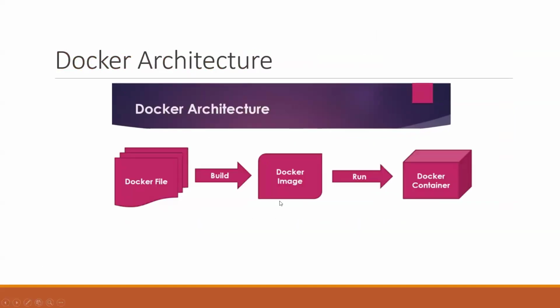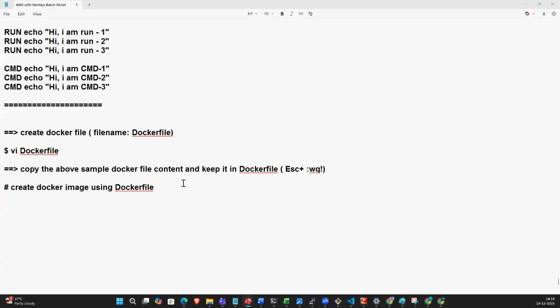From the Docker file we need to build the Docker image by using the docker build command. What is the docker build command? docker build -t image name colon version number.